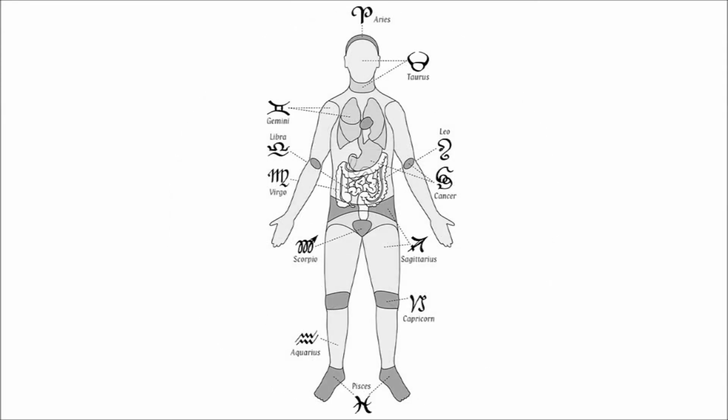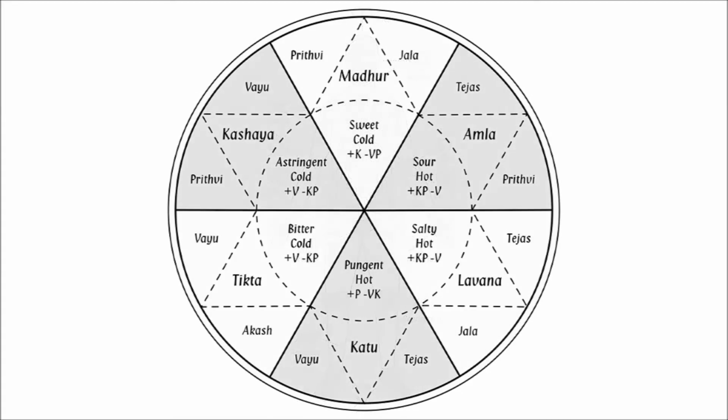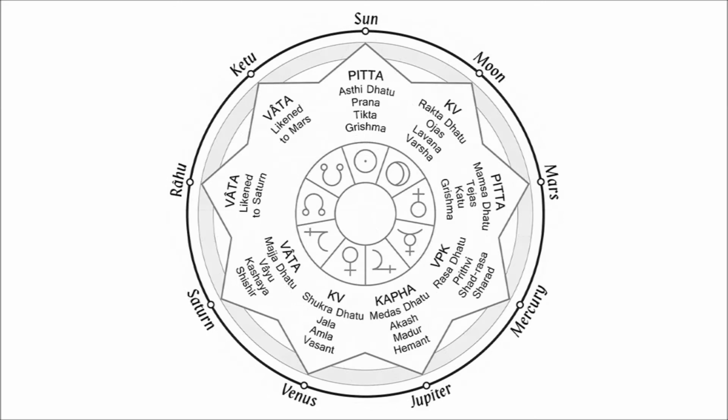This applies not only to signs and houses, but also to the planets themselves. When current states and strengths of planets are factored into the equation, along with lifestyle, exercise, dietary considerations, and seasonal regimes, Jyotish can become a powerful tool in establishing a balanced, healthy lifestyle.